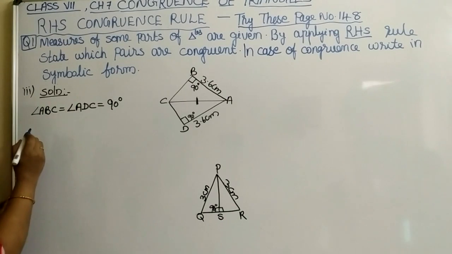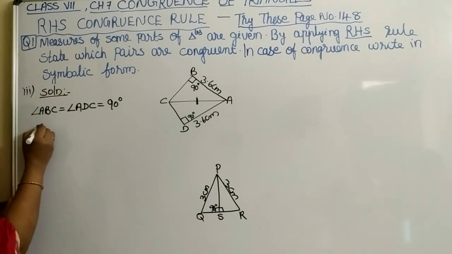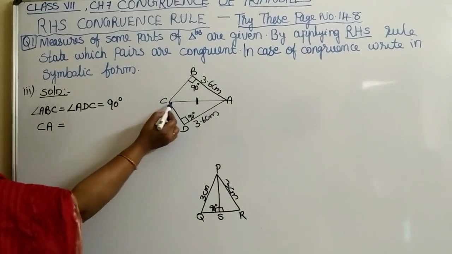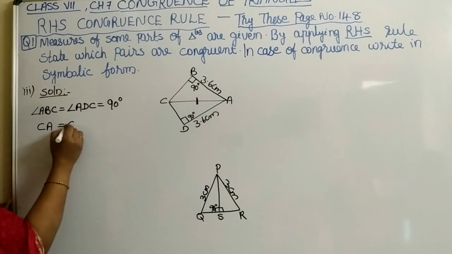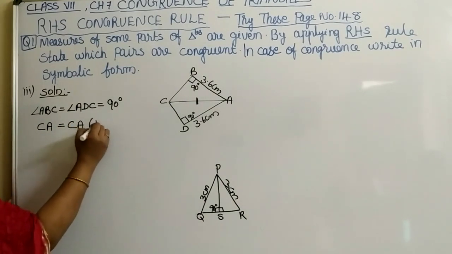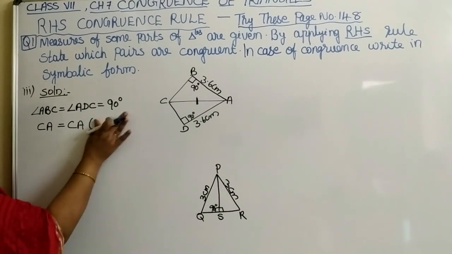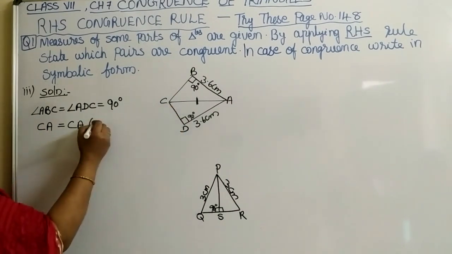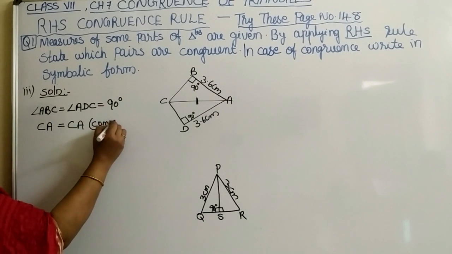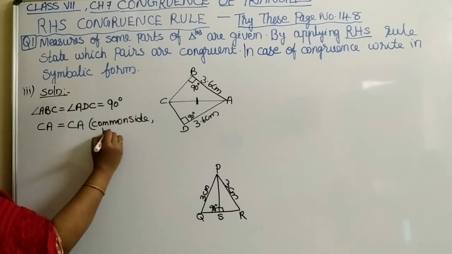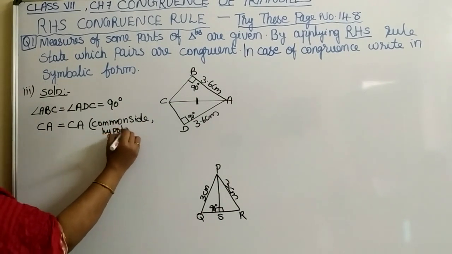So we can take hypotenuse CA equal to, here also we can take the same CA. Common side, this side is common to both the triangles. So the reason: common side, which is the hypotenuse.